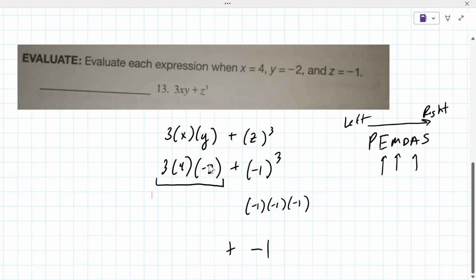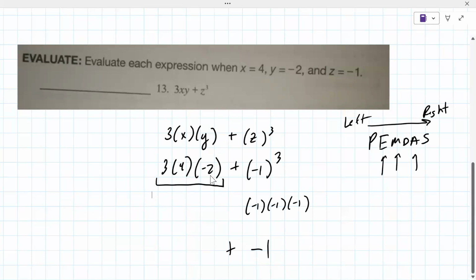You're not multiplying 3 times both of them, you're just multiplying the numbers together. 3 times 4 is 12.